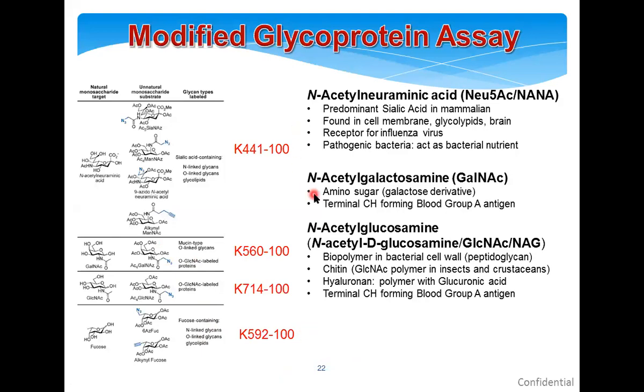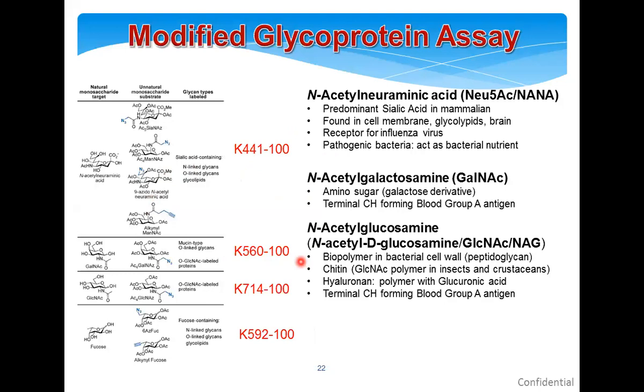So for K441, let me tell you what we exactly use. We use a modified mannosamine precursor instead of the regular mannosamine. For K560, we use a modified galactosamine precursor.